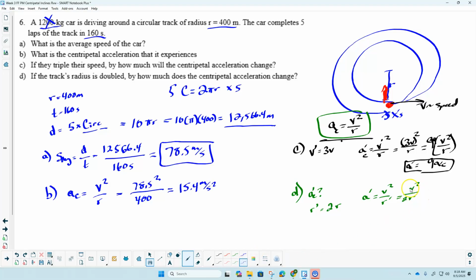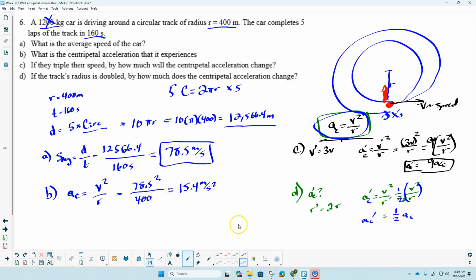If we group V squared over R together, that's this relationship. So I can just substitute back in, it's 1/2 A_C original. So A_C prime in part D, the new centripetal acceleration, is half. We doubled the radius, so the centripetal acceleration has gone down. It should make sense, right?